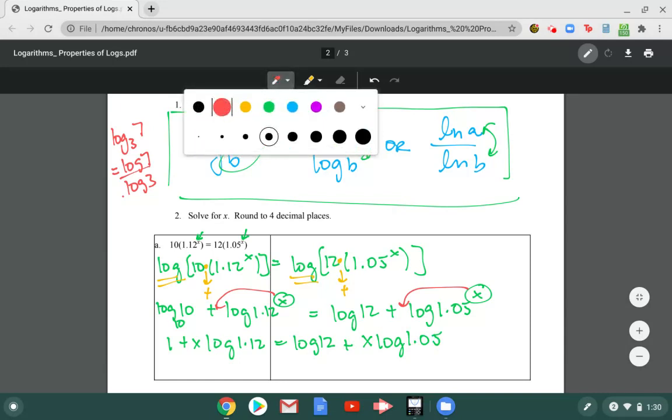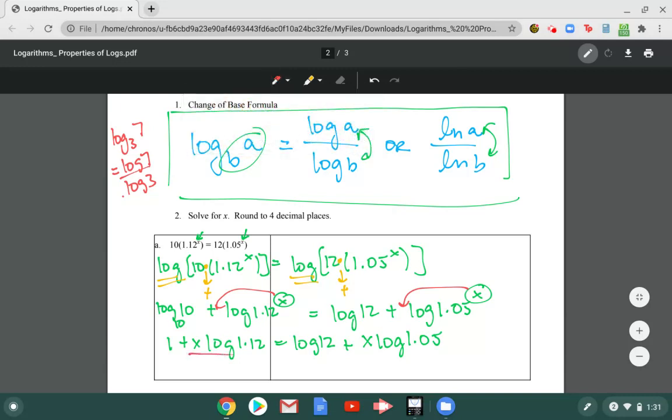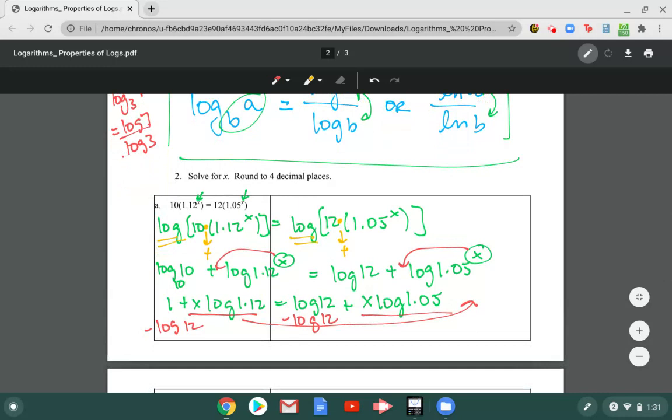So let's go ahead and locate where our x terms are. Here's an x term and here's an x term. I want all of my x terms on the same side of the equation. So I'm going to move this one over to this side. And I'm going to move the log 12 to the other side as well. A little more room to write? Not much, but I'm almost done.